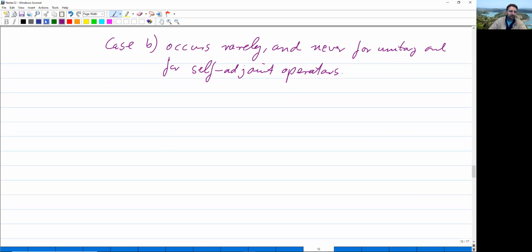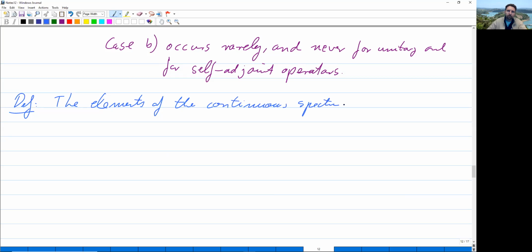And the definition here is this. Definition. The elements of the continuous spectrum of Q hat are called approximate eigenvalues of Q hat.